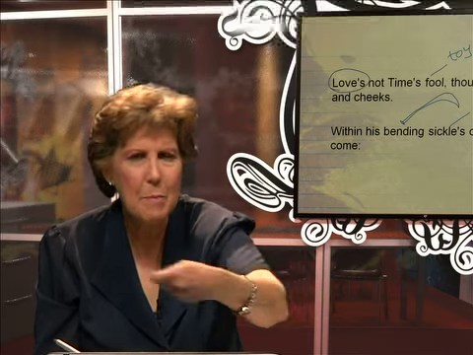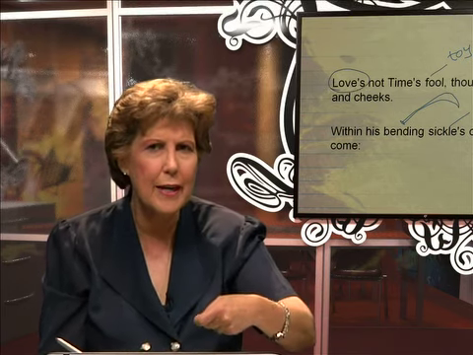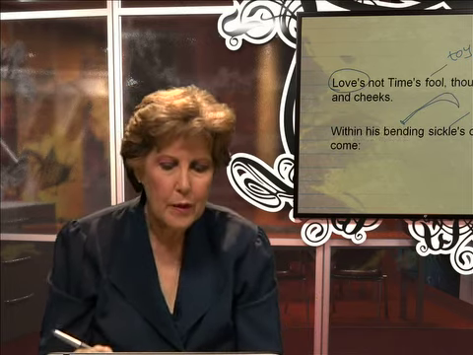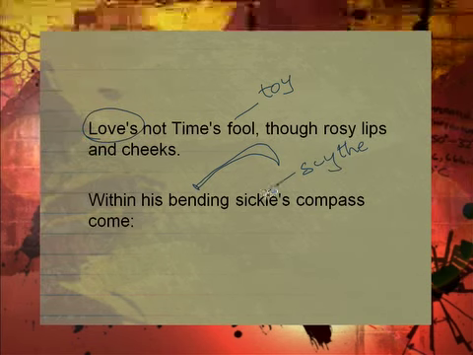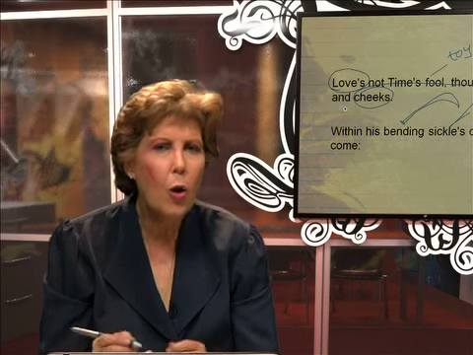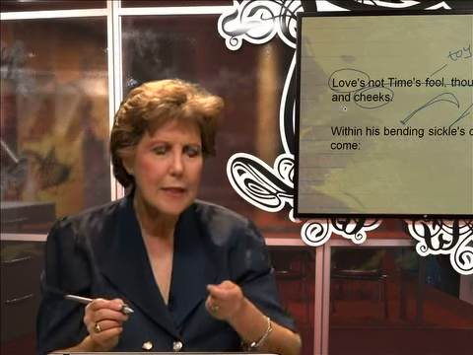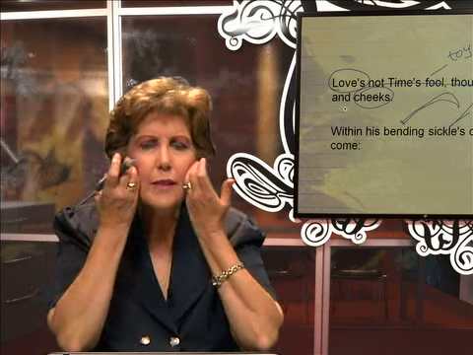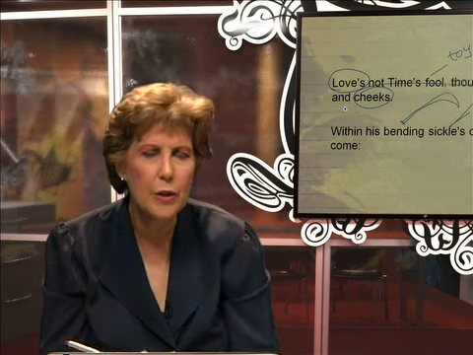He'd be chopping down the mealies or the wheat or something like that. What does time chop down? Time is chopping down rosy lips and cheeks. So now the line makes a whole lot more sense. Time is chopping down the rosy lips and the cheeks of the little girl.